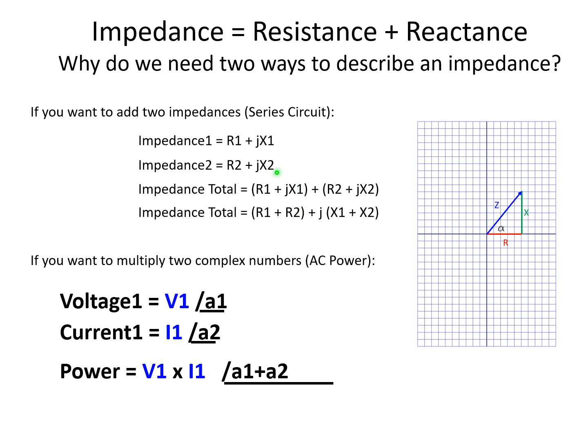Whereas if you convert this to polar coordinates, then it's just a matter of multiplying the magnitudes and adding the angles. And that's the only reason why we would use the two different types of coordinate systems, just so we can do the arithmetic to solve a circuit problem.